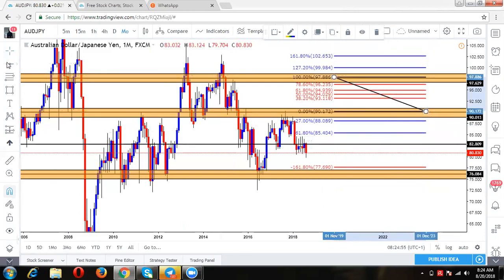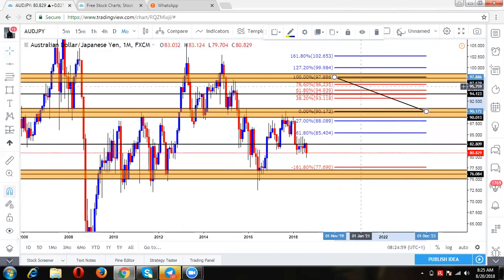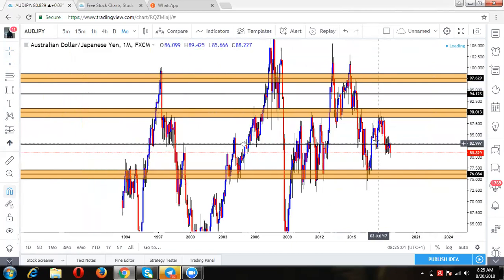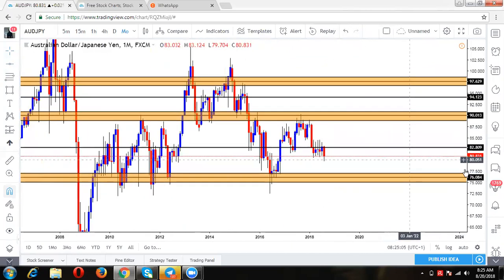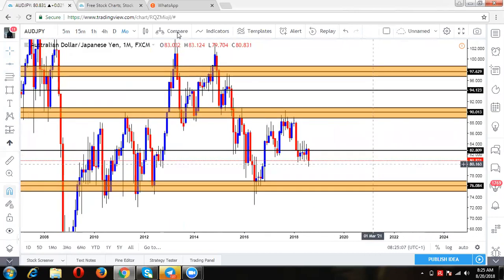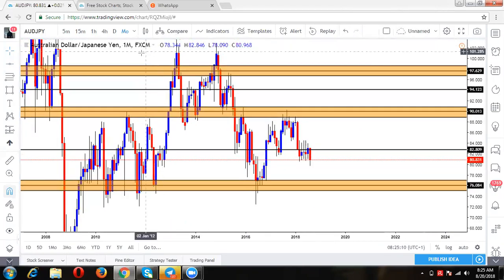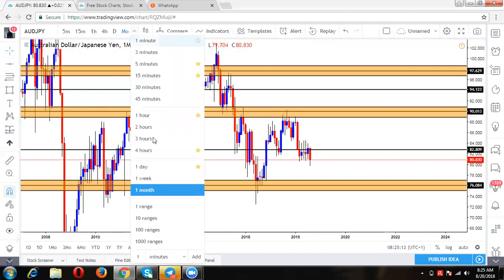I look for the 50%, and I can still mark it up for the weekly. Okay, so that's what we have for AUD monthly. Now, when you get used to it, you can do your analysis in like 3 or 4 minutes.